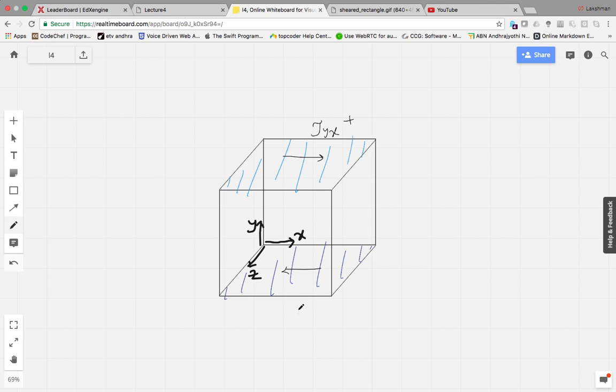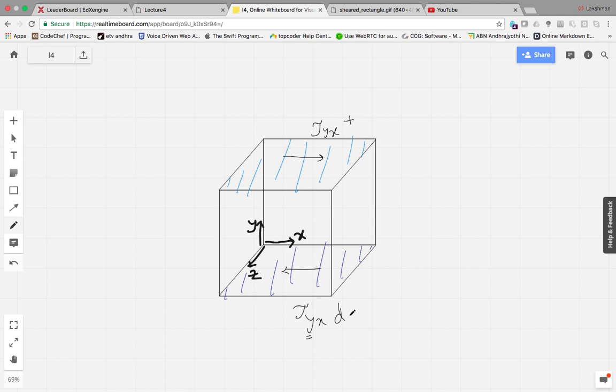So for the bottom face, the force should be tau yx. The normal vector of this particular plane is pointing along the y direction, that's why you have y, and the force is along the x direction, that's why you have x.